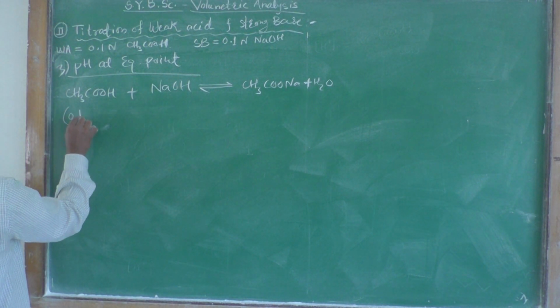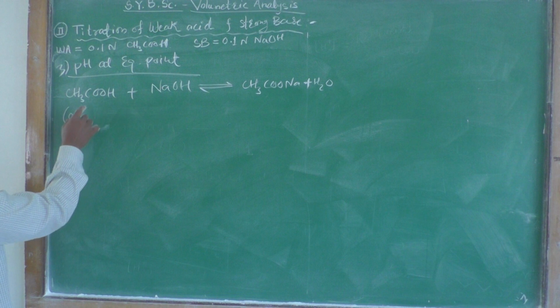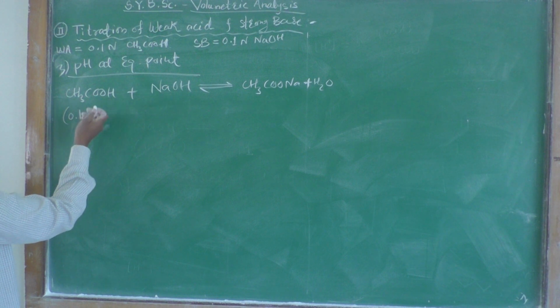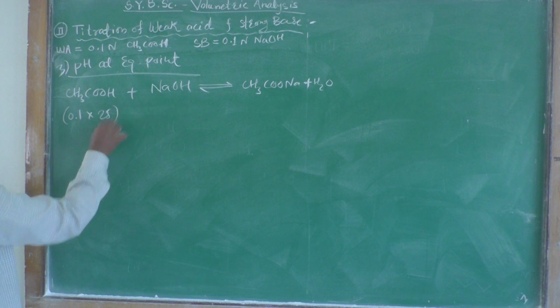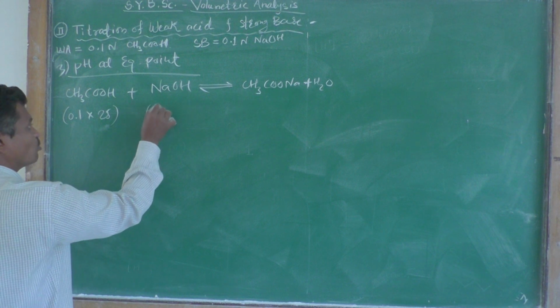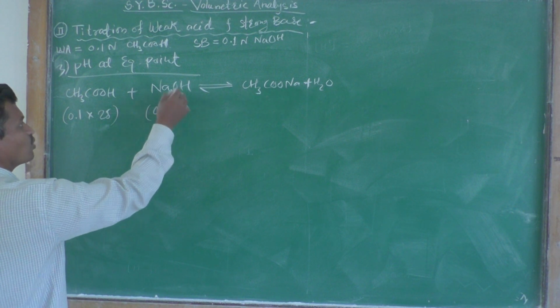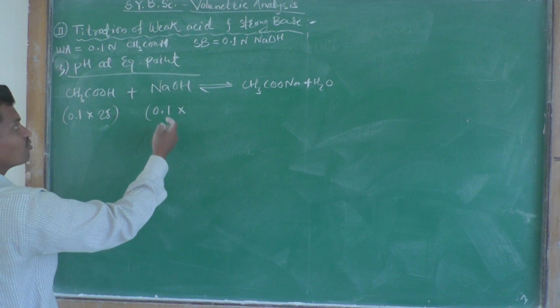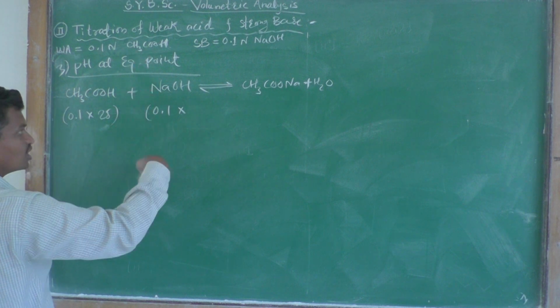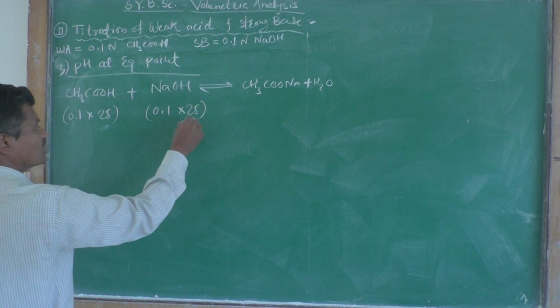So 0.1 concentration of acetic acid. What is the volume taken? 25 ml. It will react with 0.1 normal NaOH. The volume taken at equivalence point, we have added 25 ml of NaOH.